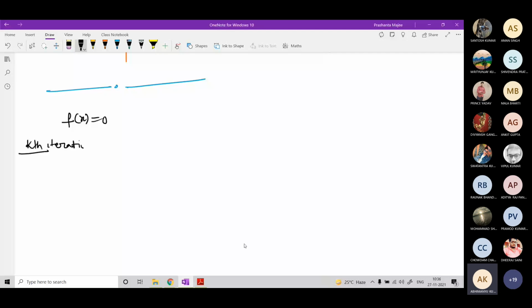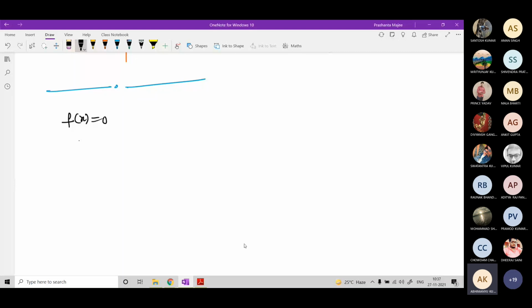Which values will be known to you? 3 previous values will be known to you, because you need 3 initial guesses. Or if you wish, let us start with the first iteration, and then you can repeat that again and again.